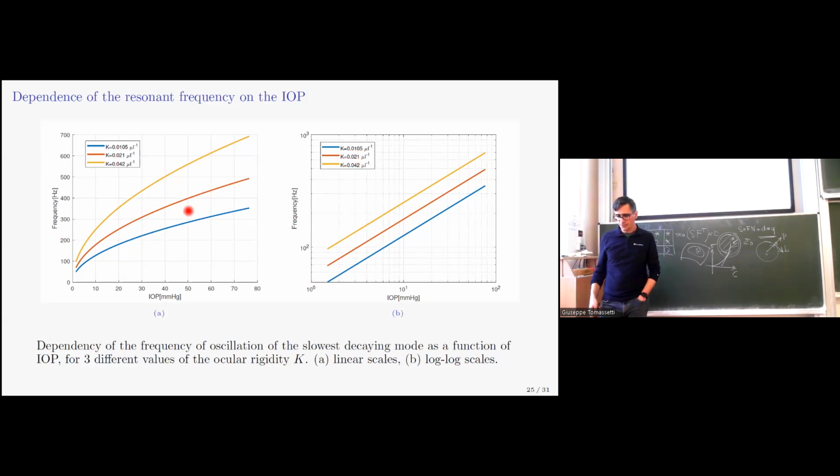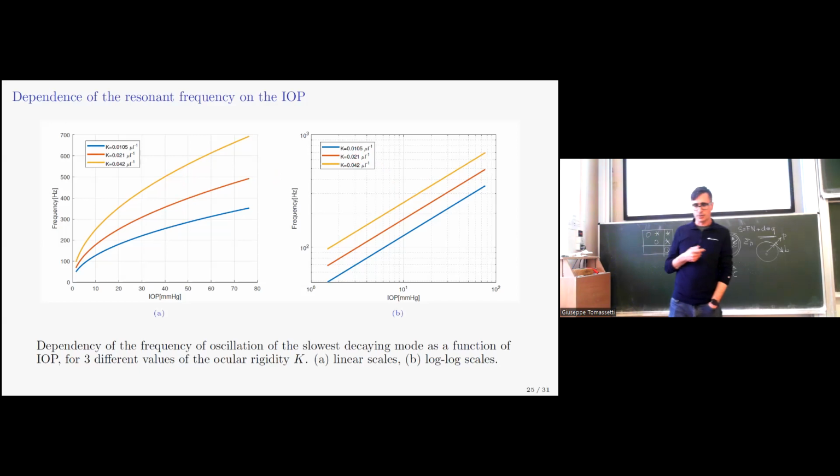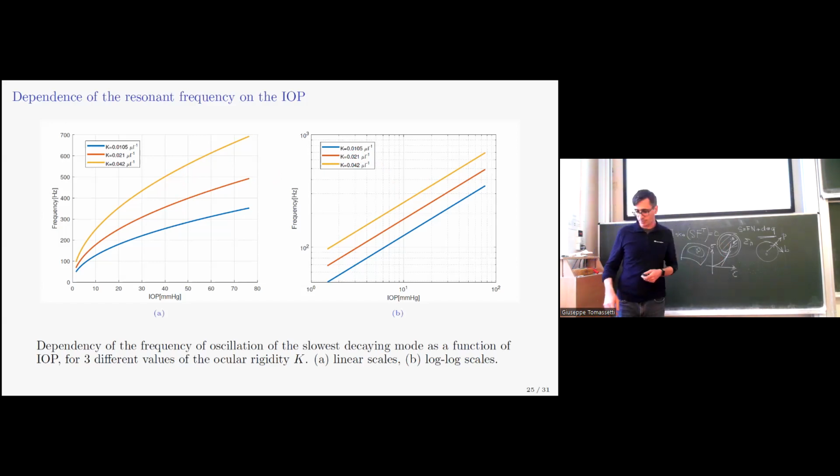And of course, if you increase the ocular rigidity, you can see from this picture that the vibration frequency will increase. This can be expected. Another thing that you can do is question whether considering the strain stiffening due to the increment of pressure is really important to evaluate the vibration properties.